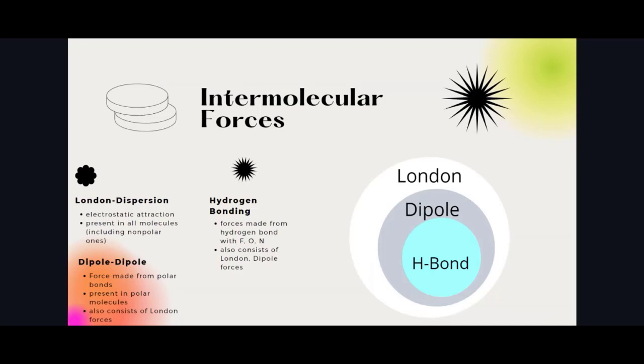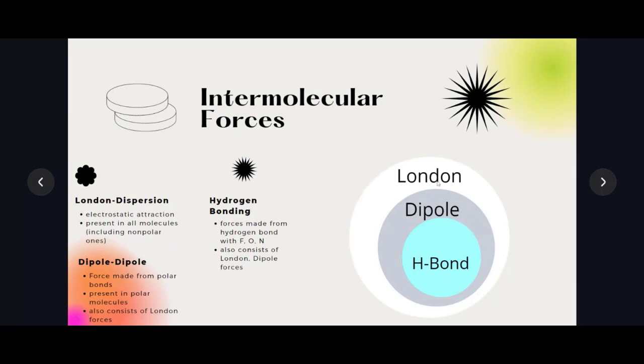Hydrogen bonding is a force made with a hydrogen and the elements F, O, and N because of their high electronegativity differences. If something has hydrogen bonding, it also has London and dipole forces. I made a little schematic where H bond is the most specific, but it has all three of them.